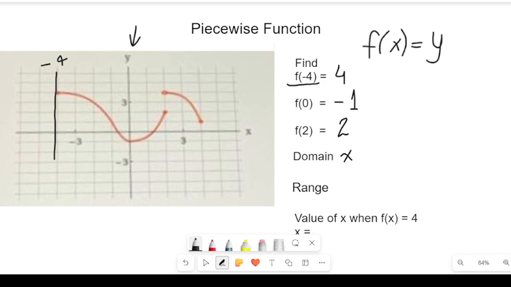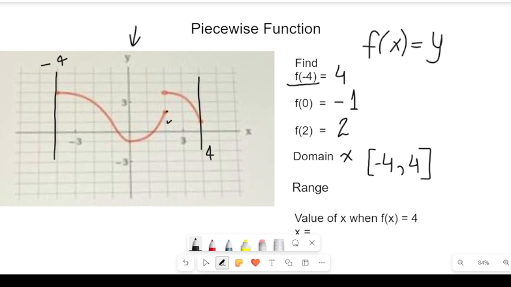This point does exist for our x value. So our x can be 2 at this point, but it cannot be 2 at that point. Then we keep going, and it stops over here at 4. So our domain is going to look like this: square bracket, -4, comma, 4. So everything from -4 to 4 is our domain.